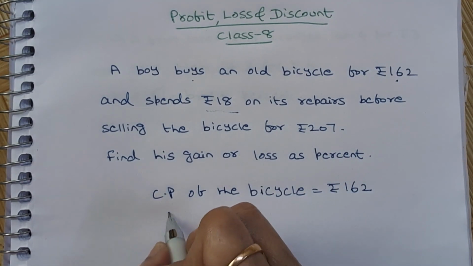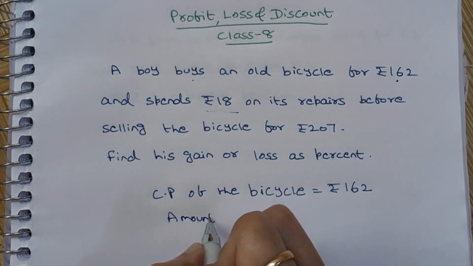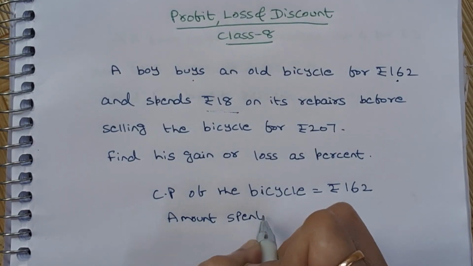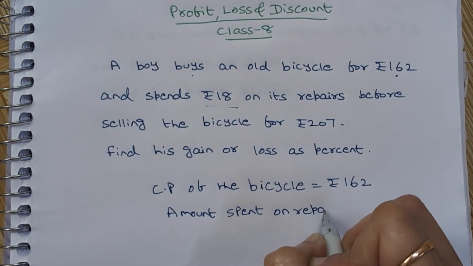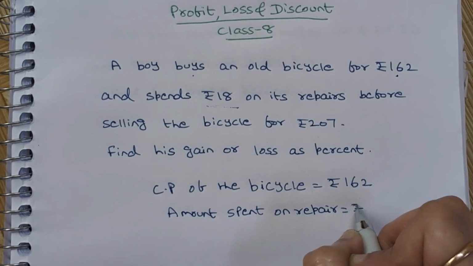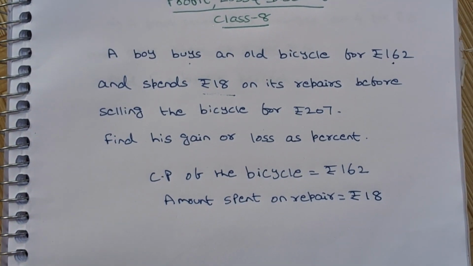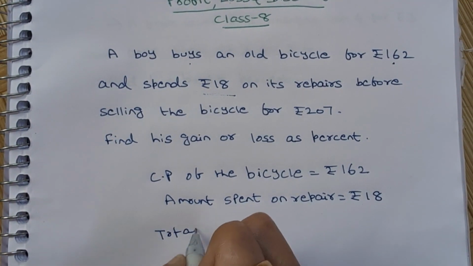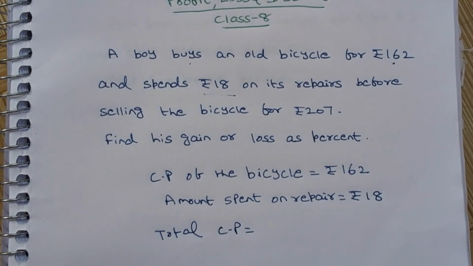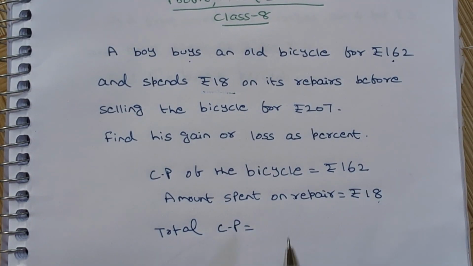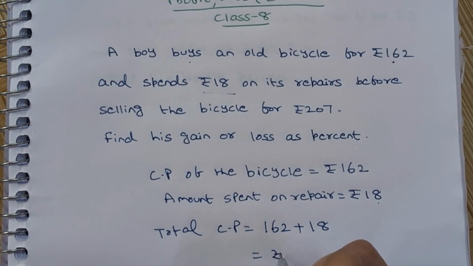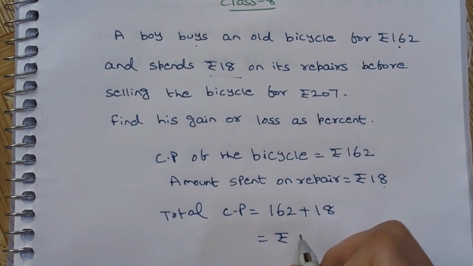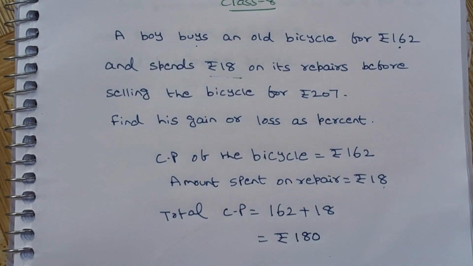Okay, so amount spent on repair equal to rupees 18. So your total CP is now, this 18 will get added to this, so 162 plus 18, so this is rupees 180. Okay, this is the total CP.